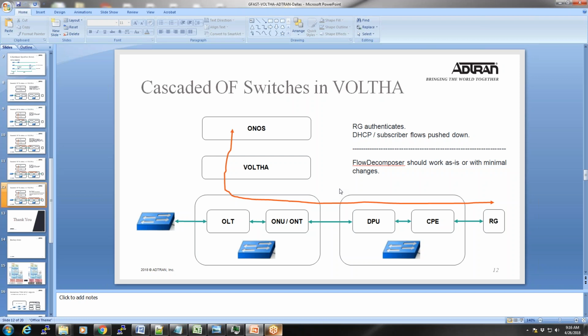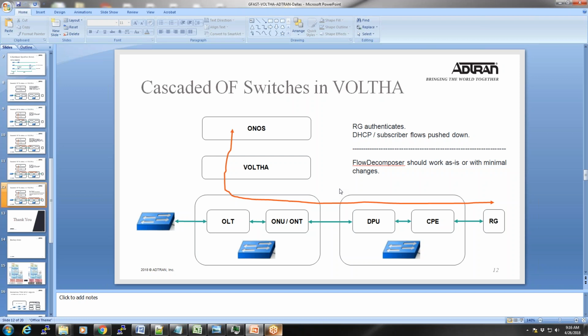So we don't currently mix, in AT&T, a DPU deployment with an SFU deployment. We don't do that currently today, which is not to say that that wouldn't be something we would consider doing in the future.